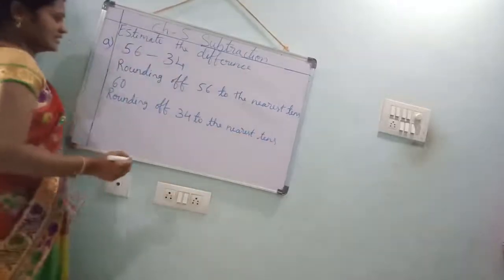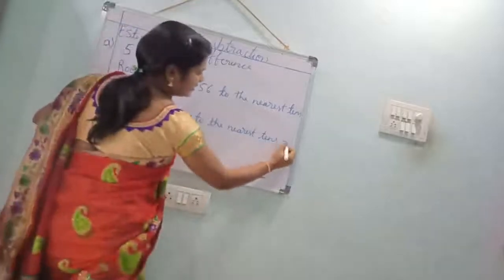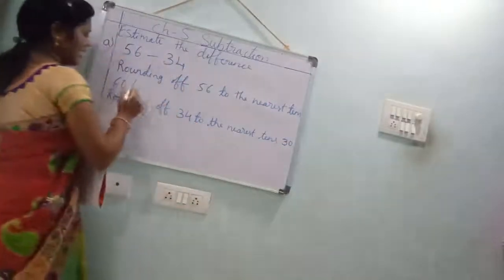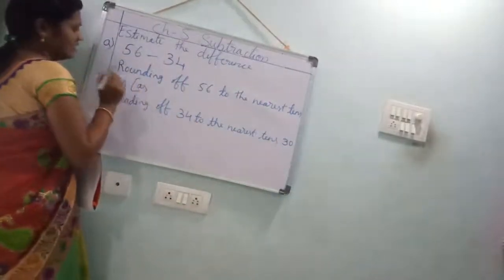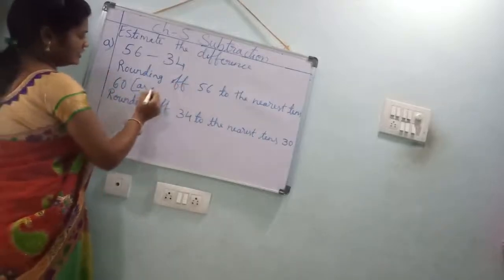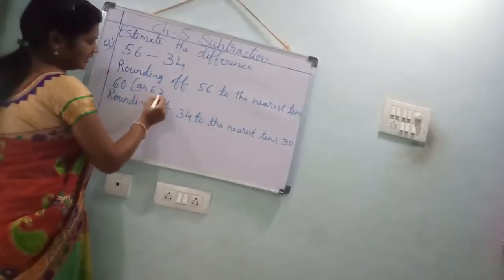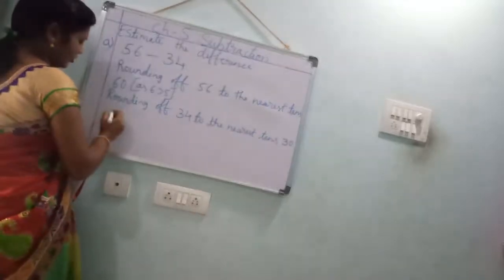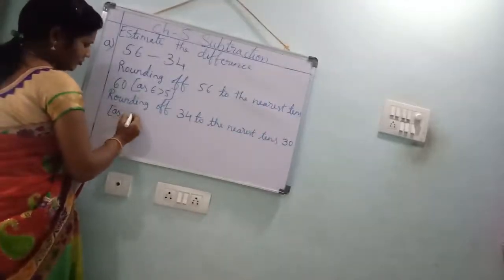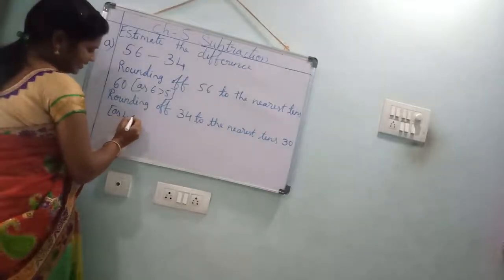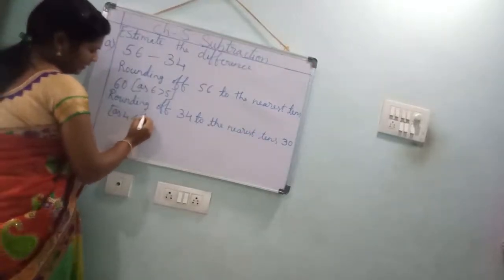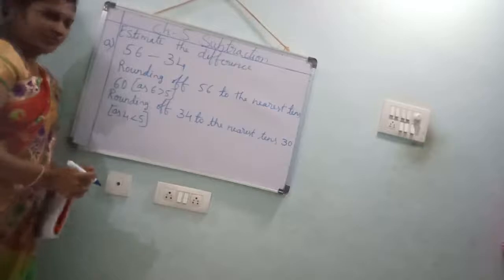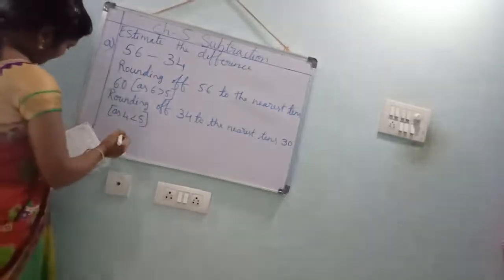What is that? 30. See, why did 60 come? Because 6 is greater than 5. Here 4 is less than 5. Yes or no? Now what do you have to do?